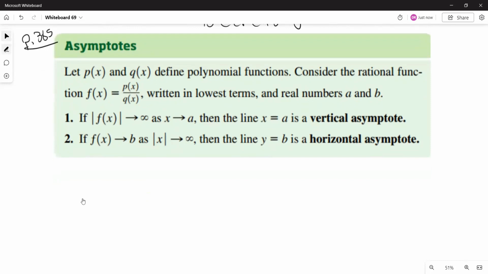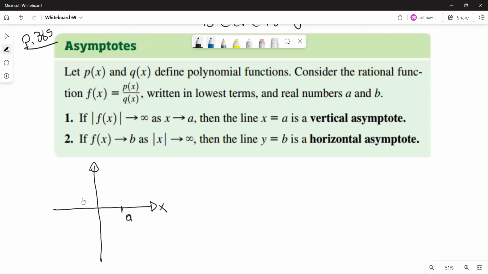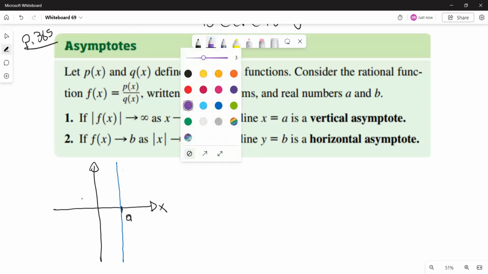So some situations of vertical asymptotes. The vertical asymptote is the line x equals A. One situation is that the graph approaches the asymptote.